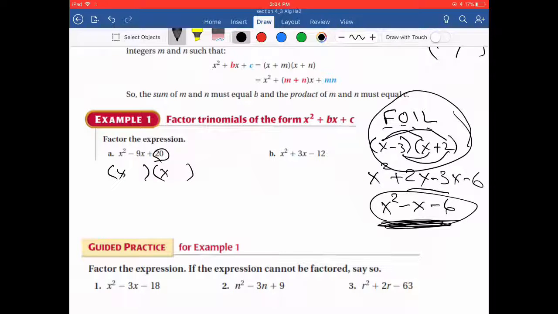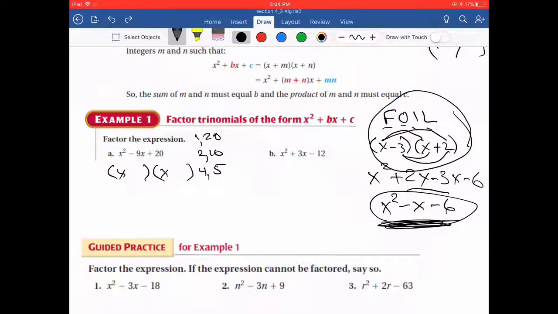Now the 20. Got to get all the factor pairs of 20. So the list looks like this. It's 1 and 20, it's 2 and 10, 4 and 5. And some combination of these pairs will be used to go into the right side of the binomials. And then we'll just go through trial and error to try to get back to the original equation.